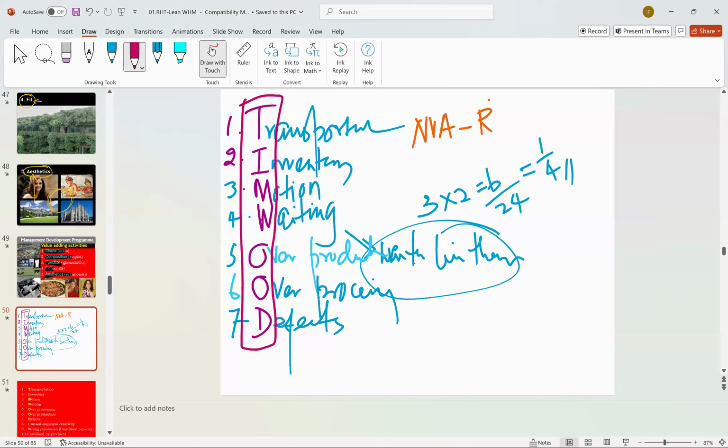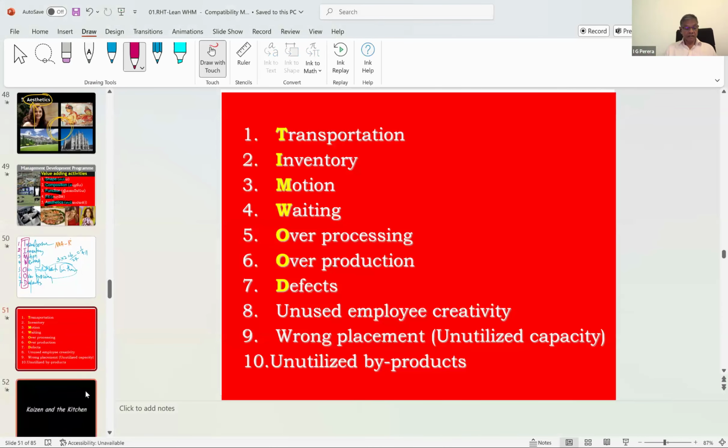Okay, then you understand the 7 waste. So this is what Toyota initially identified, 7 waste. And in the process of identifying more waste, Toyota identified so many other different types of waste as well. So initially, Tim Wood, that is 7 waste.